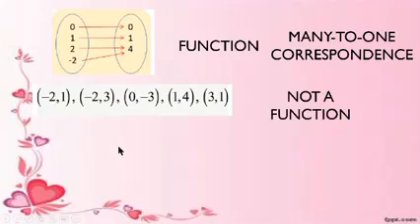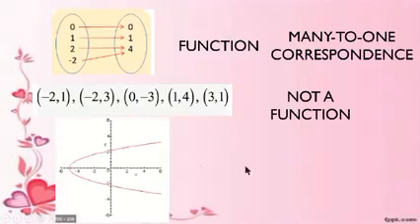So, the given is not a function. Bakit? Tingnan na lang natin yung mga x values or yung mga domain. Negative 2, negative 2, 0, 1, 3. So, naulit si negative 2 and si negative 2. So, hindi nga siya function.